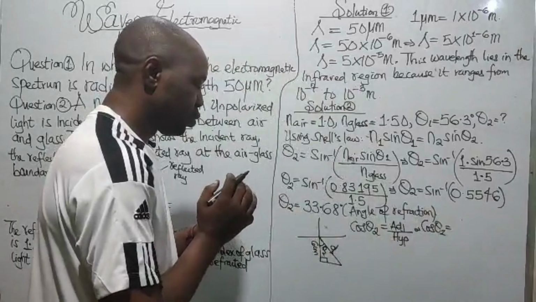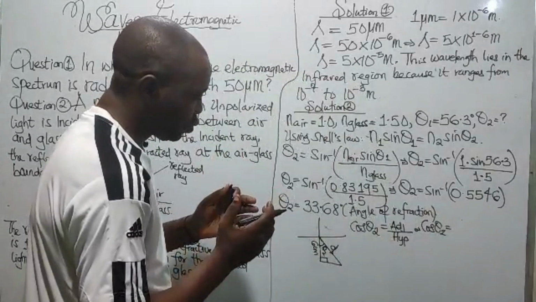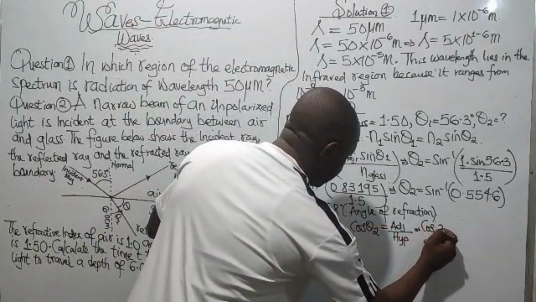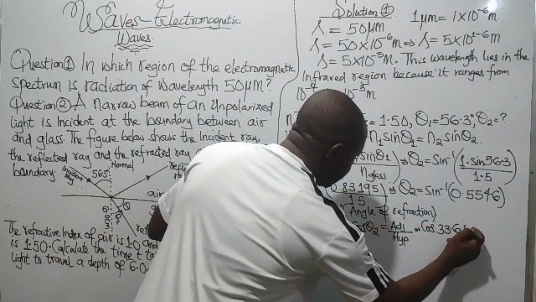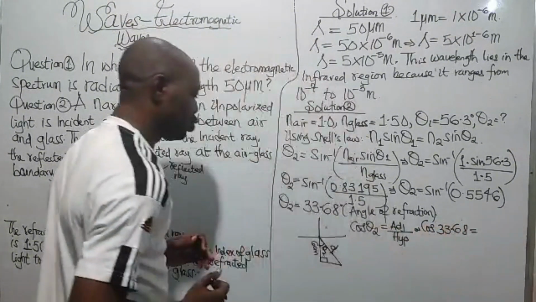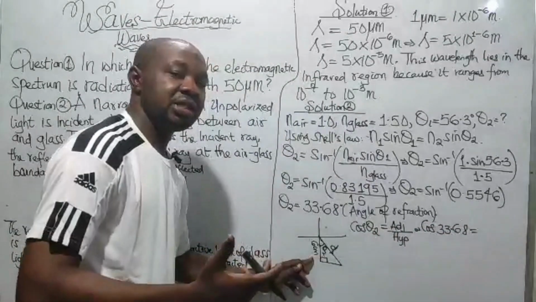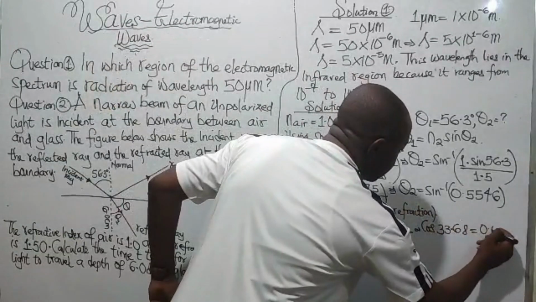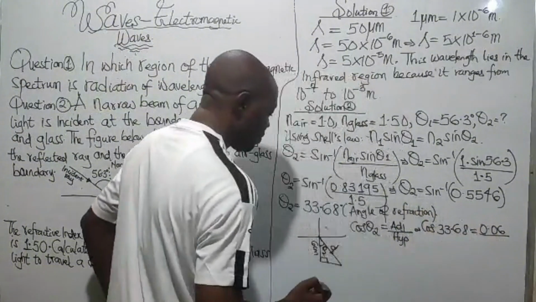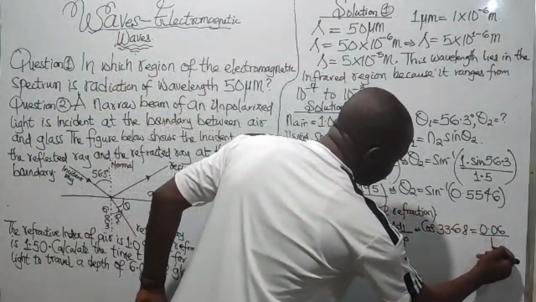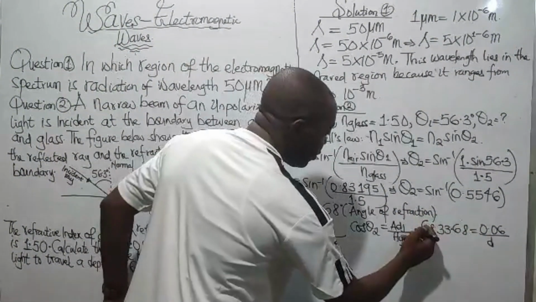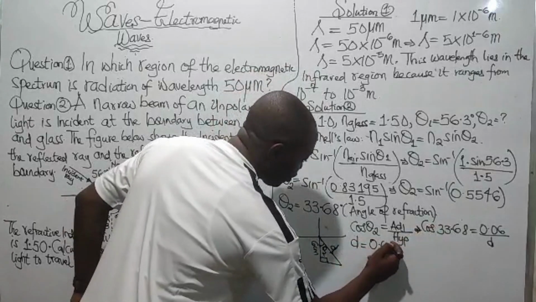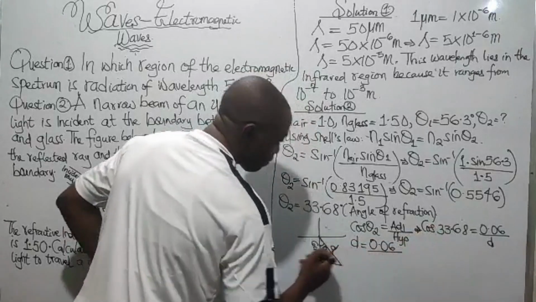So cos theta 2, which is cos 33.68, equals the adjacent, 6 centimeters, which we convert into meters, 0.06, divided by d. Rearranging, d equals 0.06 divided by cos 33.68.